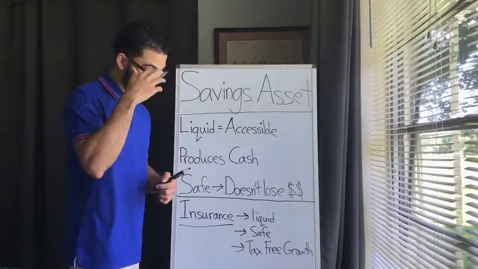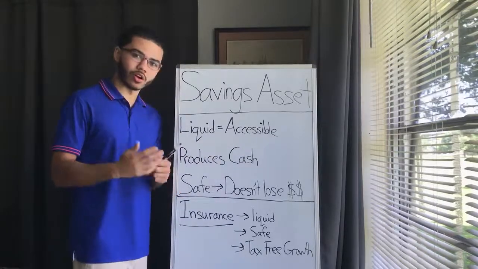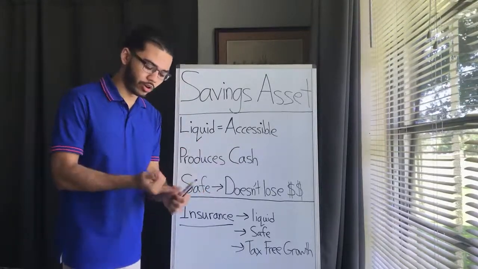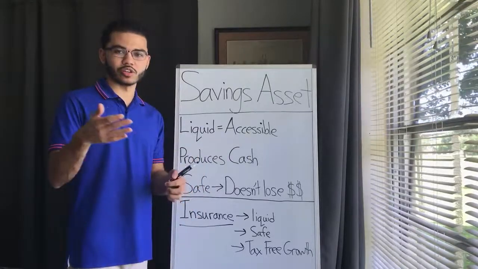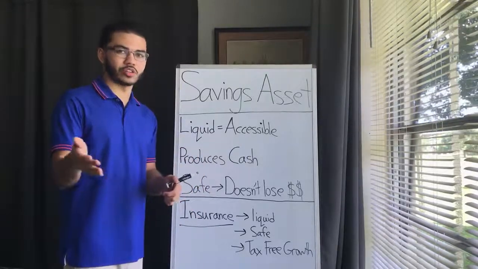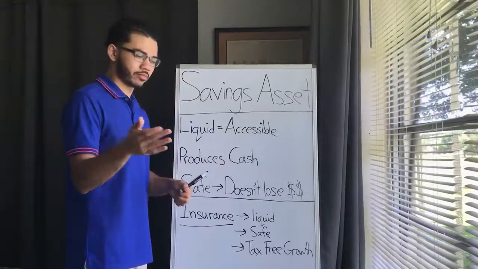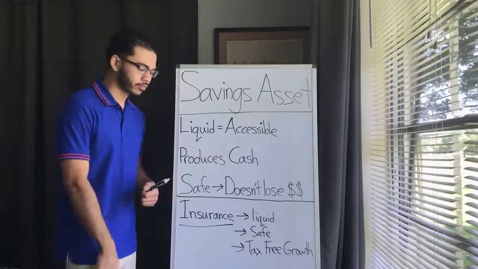So, we've got all types of insurance products for all different things, like auto, home, fire, tornado, hurricane insurance, health insurance, life insurance. There's all different things, okay?